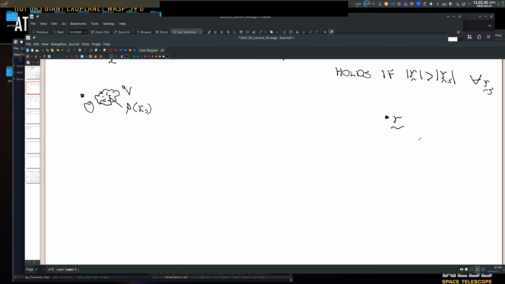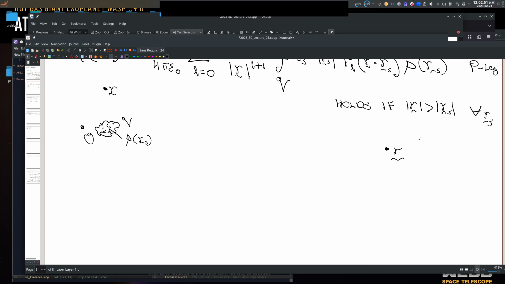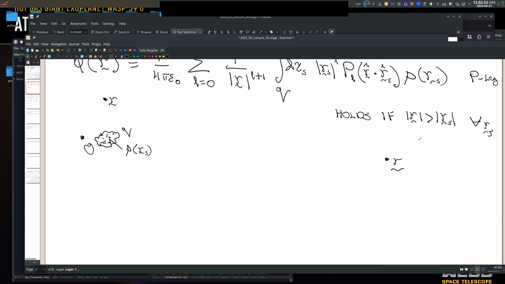So if you're like me, with age, vision starts slowly becoming fuzzier and fuzzier, but that comes with a number of advantages. So if I have a slightly fuzzy vision from this point here, looking at my distribution of charges, I might not be able to resolve the particular shape that I have here.